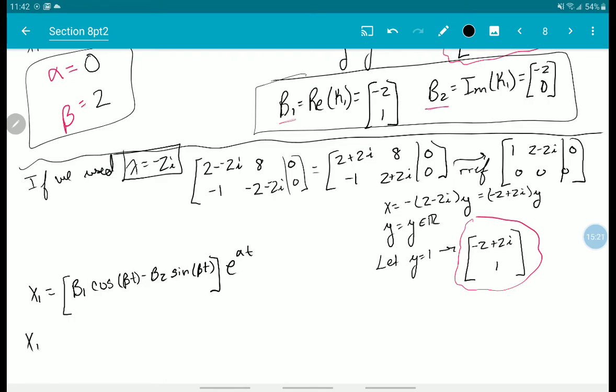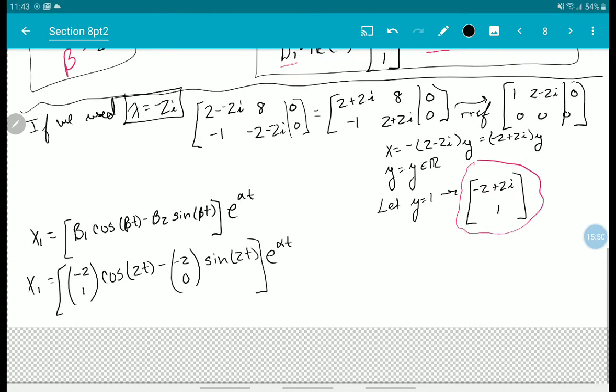So for us, our b1, the real components, are negative 2 and 1. Cosine of 2t minus b2 sine of beta t. All of that's multiplied by e to the alpha t.